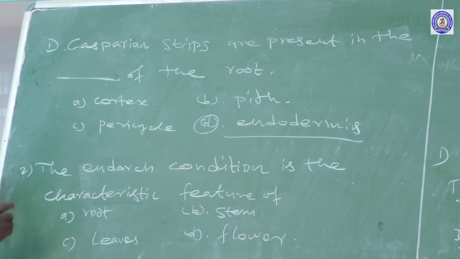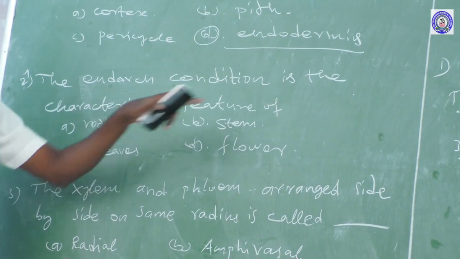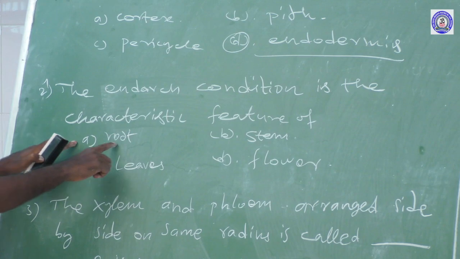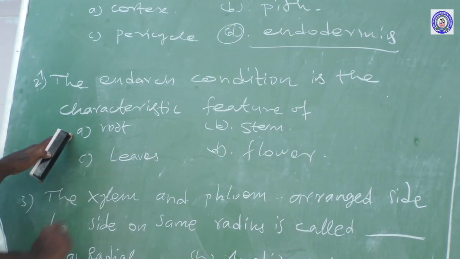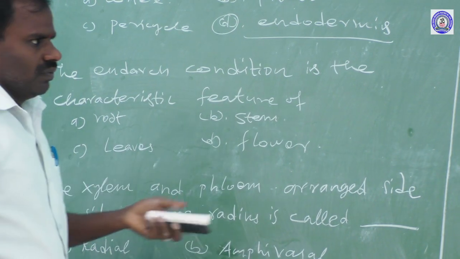Second question: in dark condition is the characteristic feature of where? The options are: first, root system; second, stem system; third, leaves; and fourth, flowers.